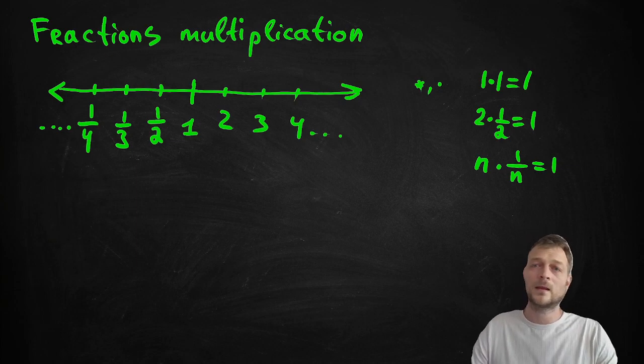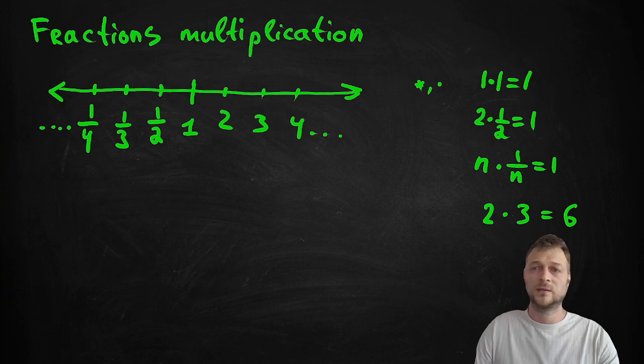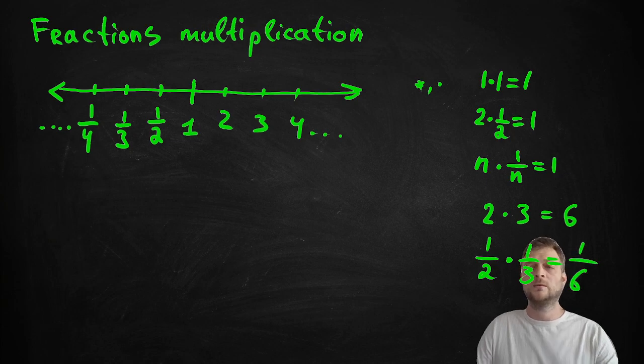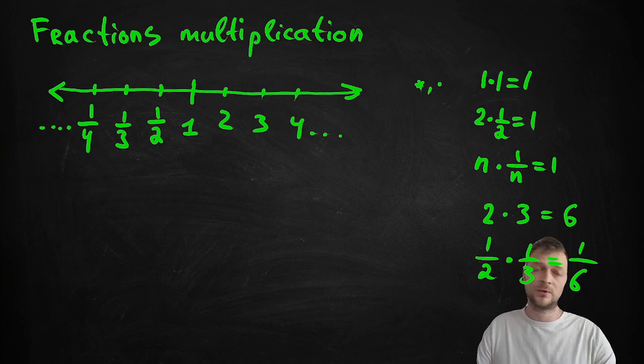Plus, I want to consider a system where for each number larger than 1, I just use the regular multiplication operation, so it will be 6, for example. And if I multiply fractions like this, I will get the standard result, 1/6. So what we can see here is that algebraically, in terms of the multiplication operation, we have complete symmetry between numbers on the right of this axis and numbers on the left.